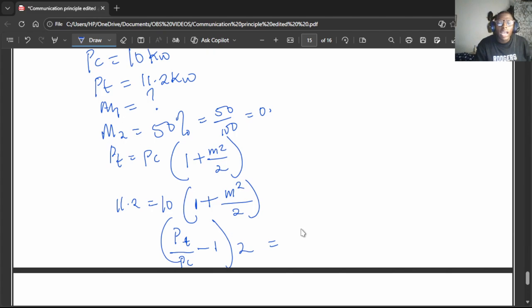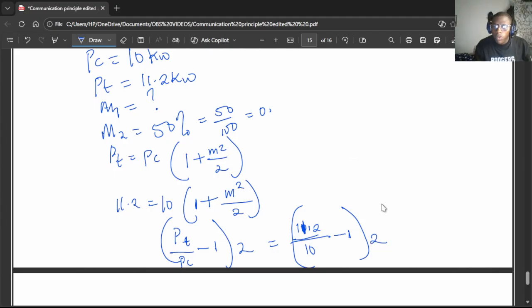So in this case, we now have that PC is 10, and PT is 11.2. So we have 11.2 divided by 10, minus 1, into 2.